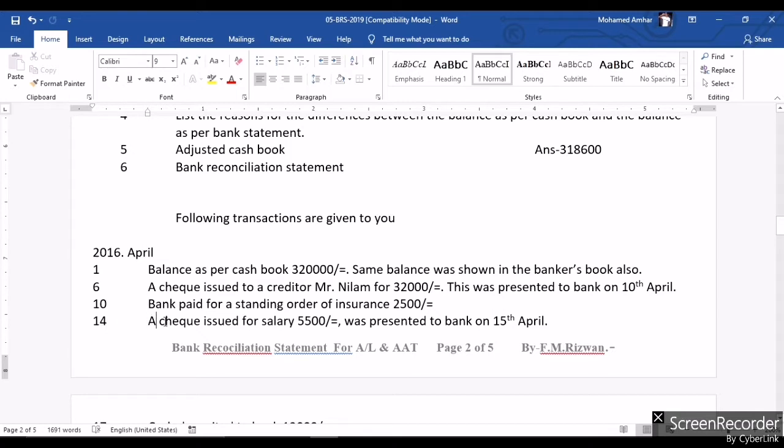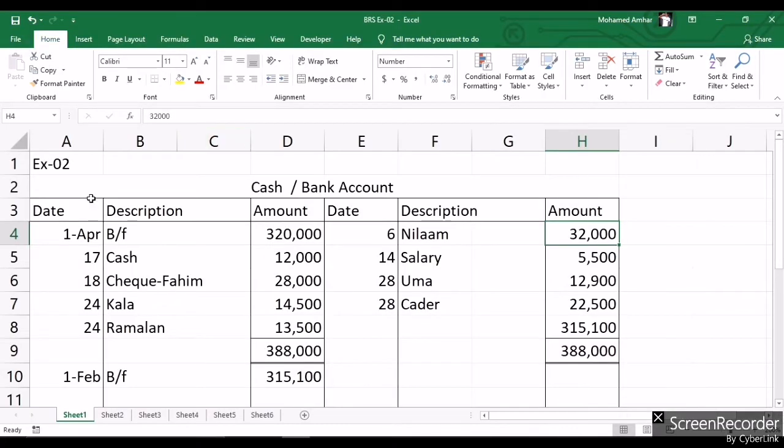Next, on 14th a check issued for salary 5,500 was presented to the bank on 15th April. Right. So a check issued for 5,500 in the cash book here on 14th for salary.